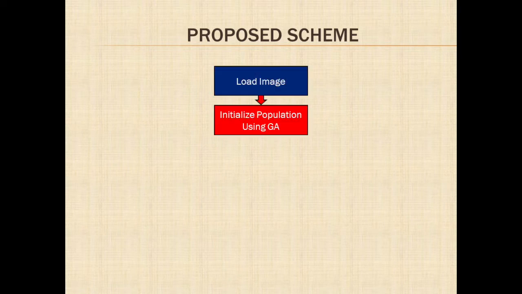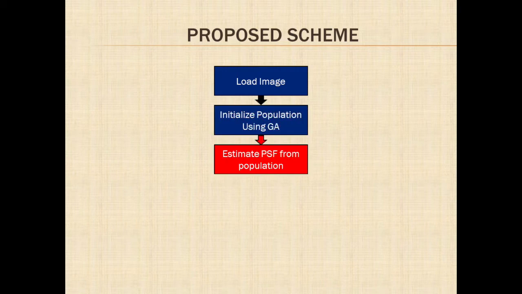In the case of our proposed scheme, we used Google Colab for our implementations. First of all, the blurred image we want to be deblurred is loaded in Google Colab, and then a genetic algorithm is used to initialize the population. After the initial population, the chromosomes are passed through an estimation process in which we use BRISQUE as a fitness function to calculate the fitness value of the chromosomes.